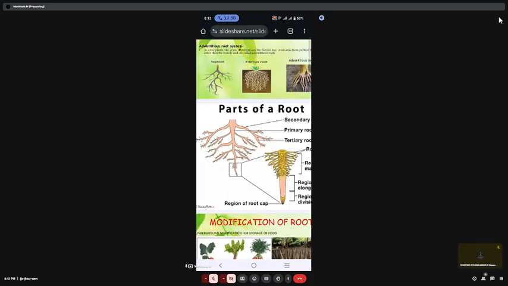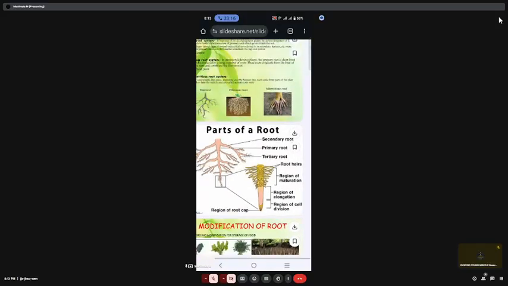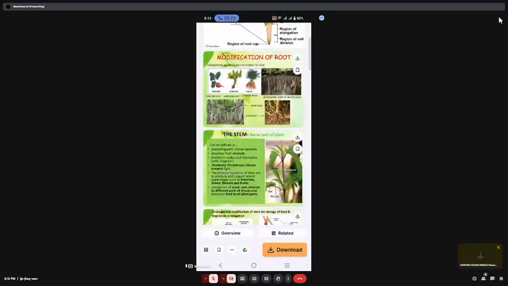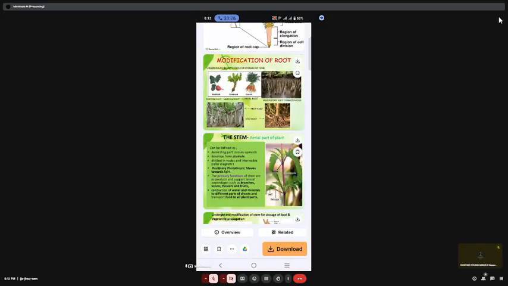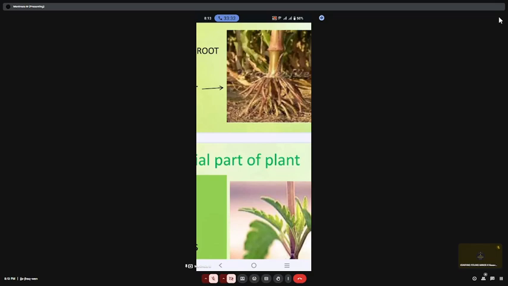Actually, it has a fibrous root that stores the food material and forms a bunch of tuberous roots, which is called fasciculated tuberous roots. Almost it looks like this, like sugarcane. So fasciculated tuberous root is in asparagus. The fibrous roots store the food material and form a bunch of tuberous roots, which is called the fasciculated tuberous root. Any doubt?